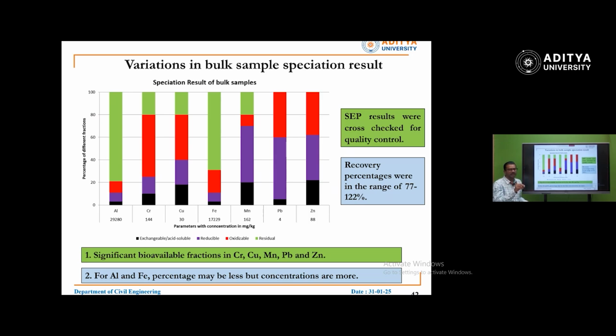That generally indicates that aluminum does not come out under favorable conditions, as it is strongly bonded to the crystal lattice. But another thing to be noted is that almost 30,000 concentration of aluminum is there. In that, 20% is present in bioavailable forms. That means that is ready to get leached out under different conditions, similar to iron also.